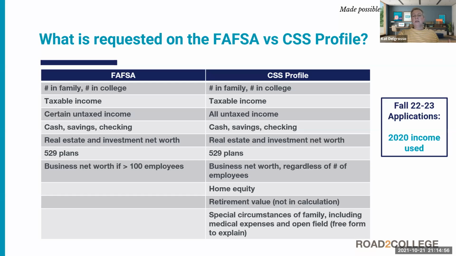Could be because you have another student in college and you had to cash out a bunch of things that you used to earn interest income on in 2020, but now of course that money's gone. If there is a situation like that, it has to be explainable. If someone asks from the school side, they might ask you to explain it.